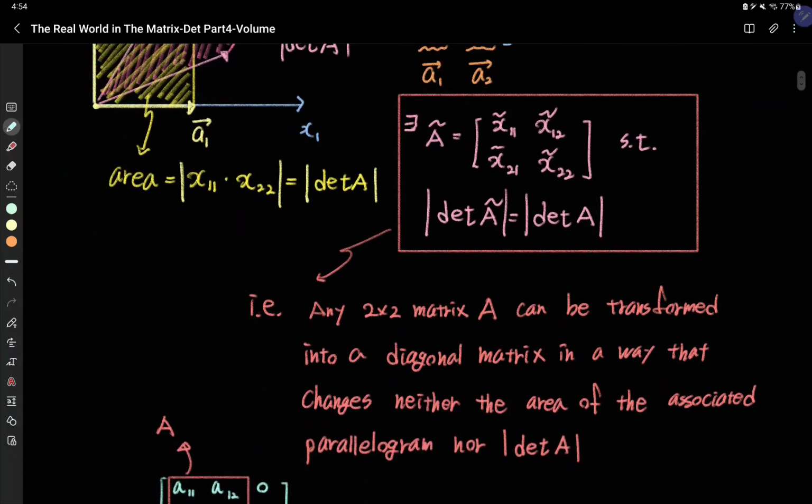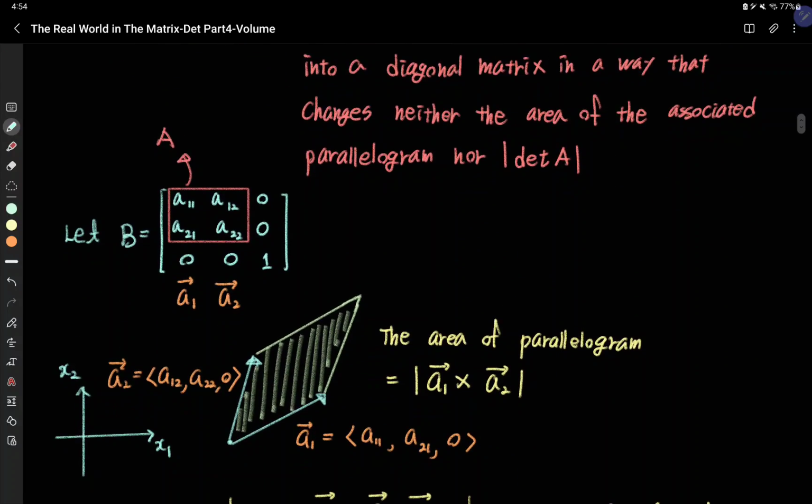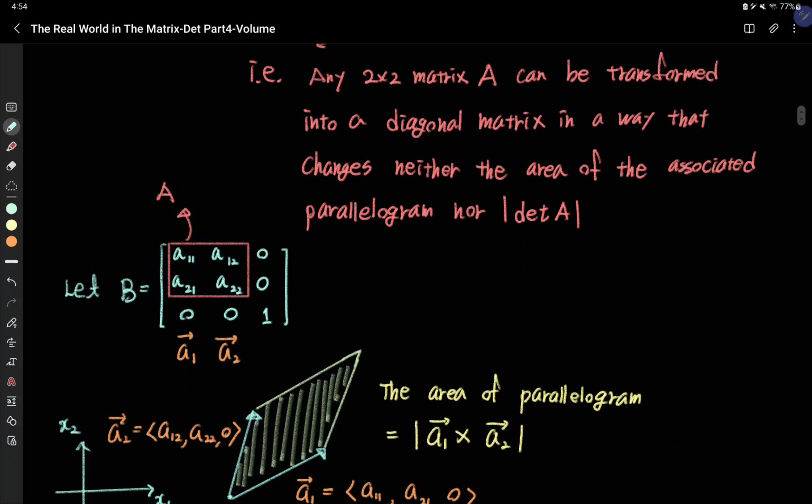How come? Let's say the 3 by 3 matrix B is like this. You see that A11, A12 through A22 are the arbitrary matrix A, which we can call A tilde.